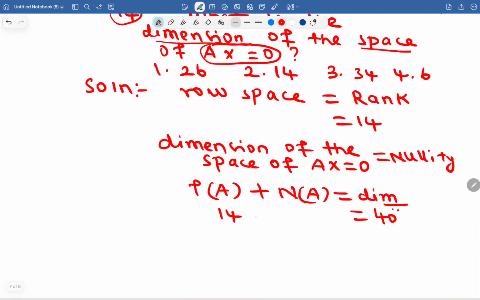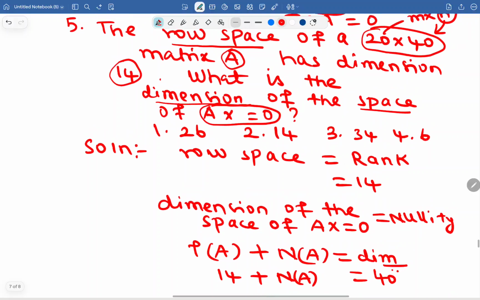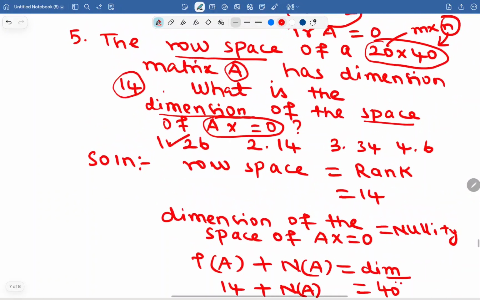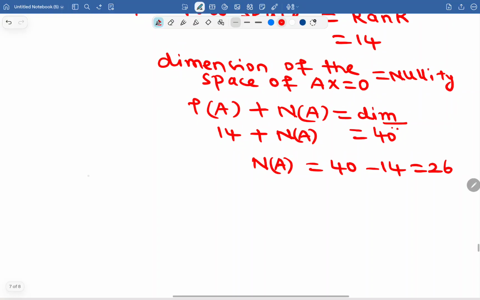Rank of A is 14, nullity of A we have to find. Nullity of A is 40 minus 14, 26. For this problem, first option is the correct one. Now the problem number 6.